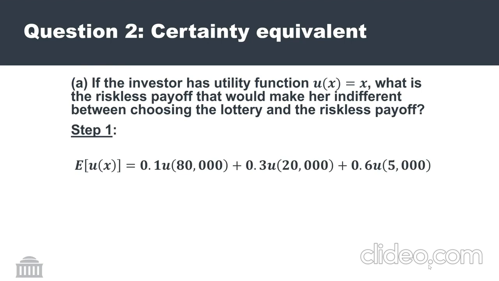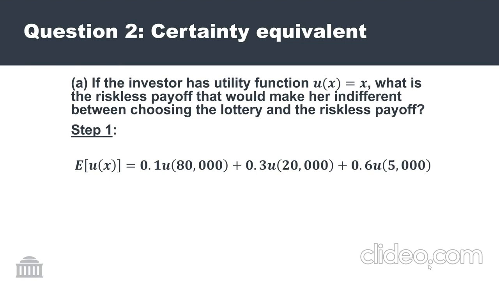So step 1 is to find the expected utility that this investor will get from this lottery. We have already learned how to do this in question number 1 of this recitation. So the expected utility of this investor equals 0.1 times the utility of the first payoff, which was $80,000, plus the probability of the second state times the utility of the payoff in the second state, that's $20,000, plus the probability of the third state multiplied by the utility of the payoff that we get in this third state.